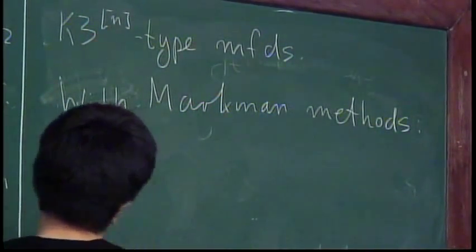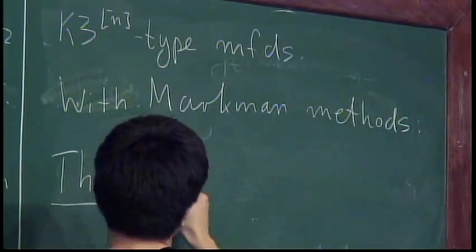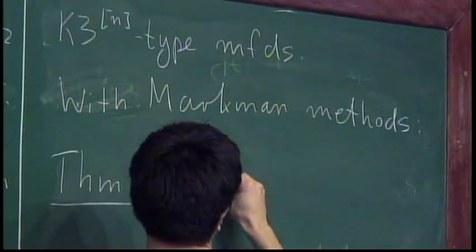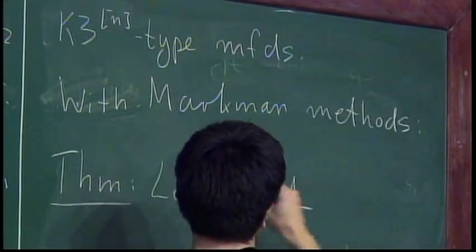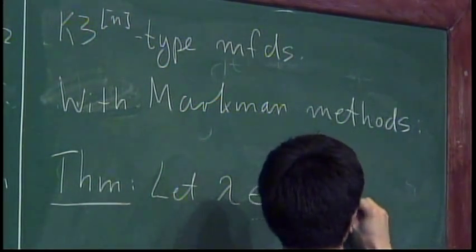So we have the following. Let lambda in the K3^[n]-type lattice be primitive and isotropic.